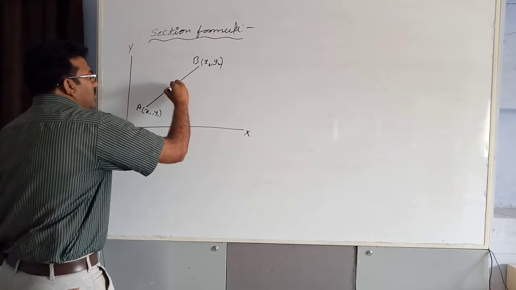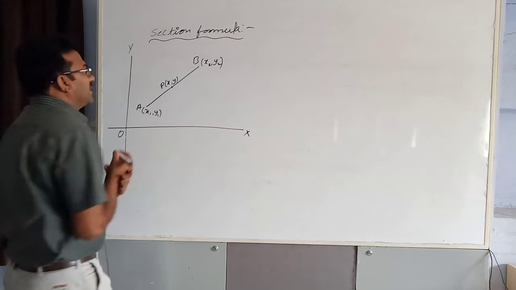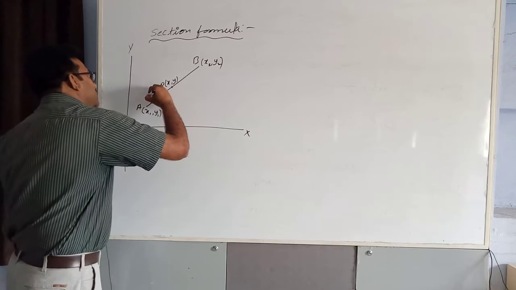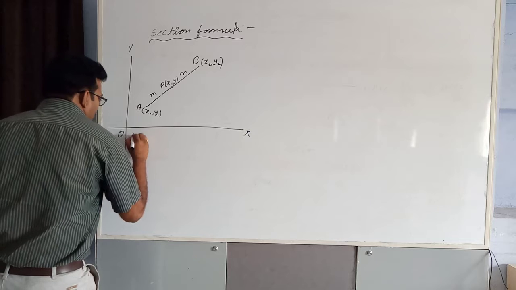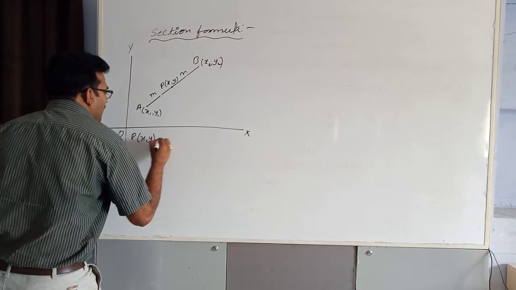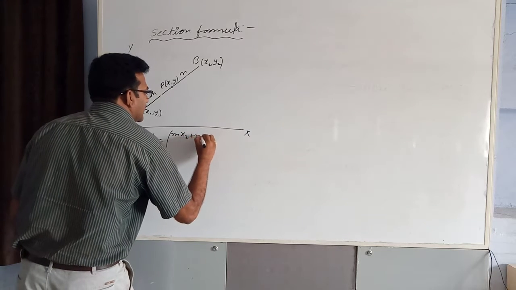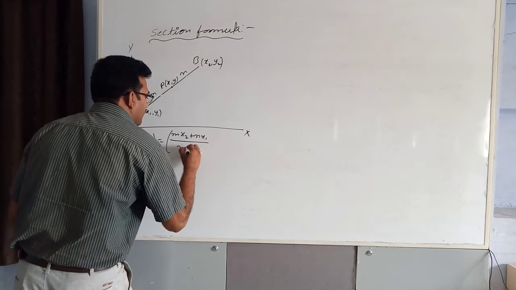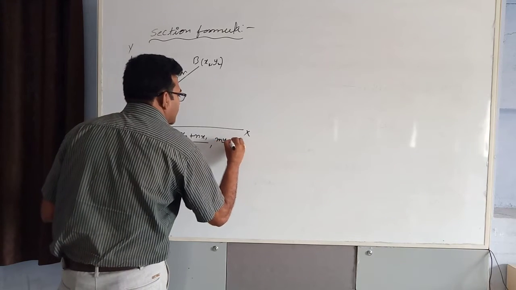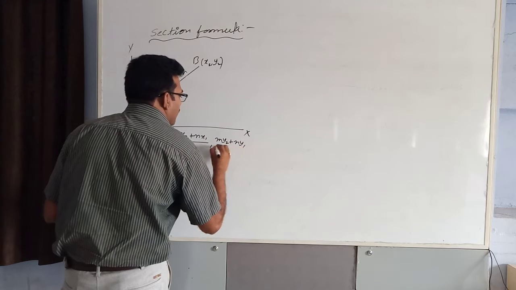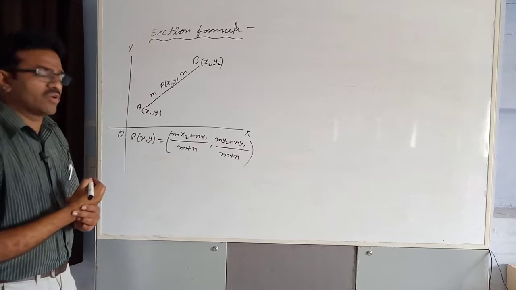Now if point P (x, y) divides AB in the ratio m:n internally, then P (x, y) is equal to ((mx2 plus nx1) by (m plus n), (my2 plus ny1) by (m plus n)).